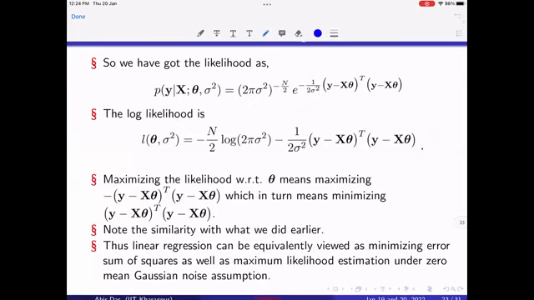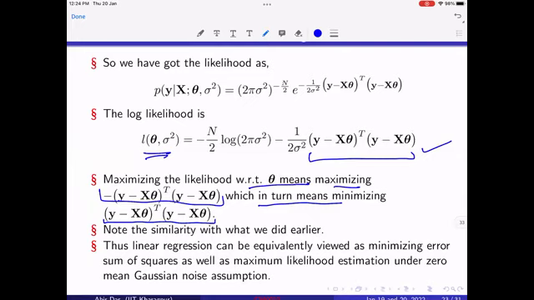This is the log of the likelihood, and first you try to find the theta that is maximizing this log likelihood, right? Maximizing the likelihood with respect to theta means maximizing this part only, because theta appears only here, which in turn means minimizing this, right? Maximizing this negative thing is minimizing the positive thing, right?